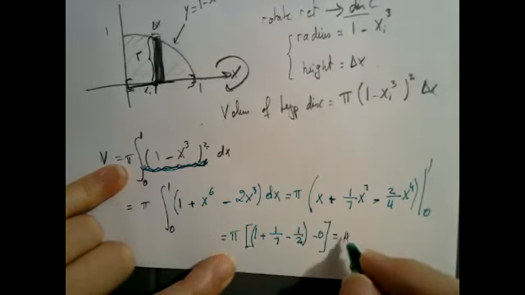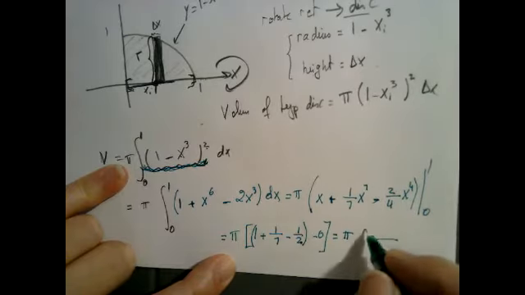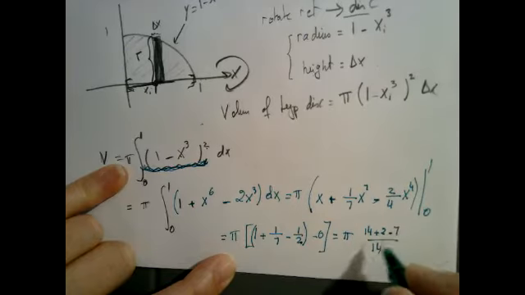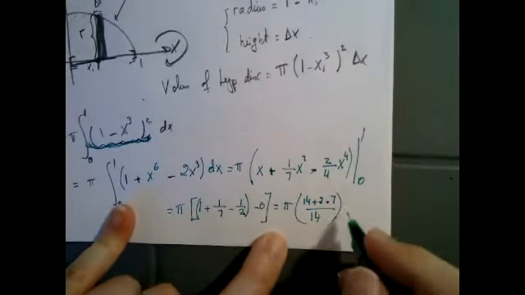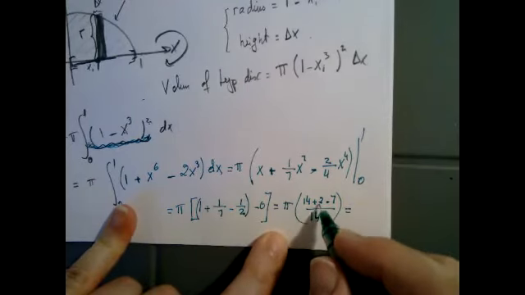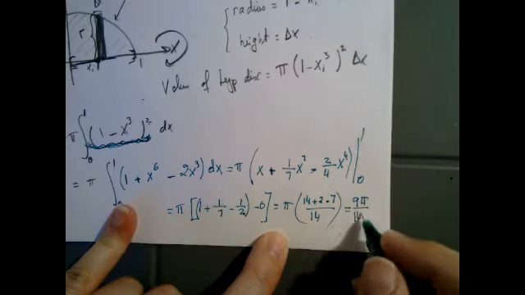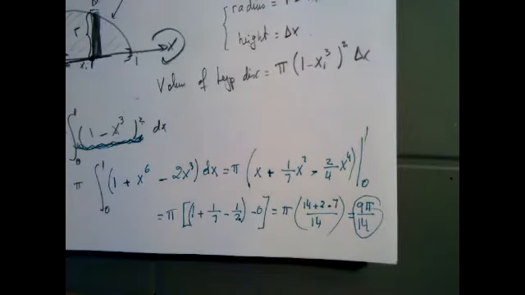The common denominator has to be 14. I will have 14 plus 2 minus 7. So finally, I will have 9 pi over 14 if I rotate around the x-axis.